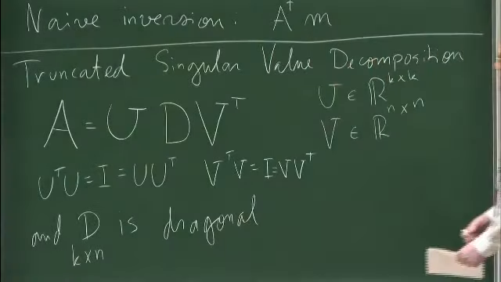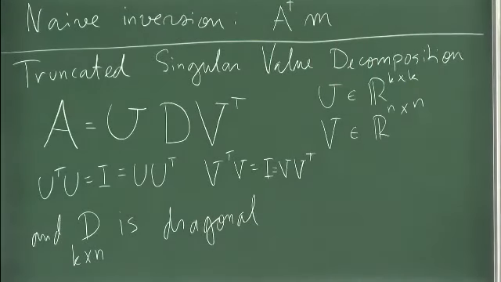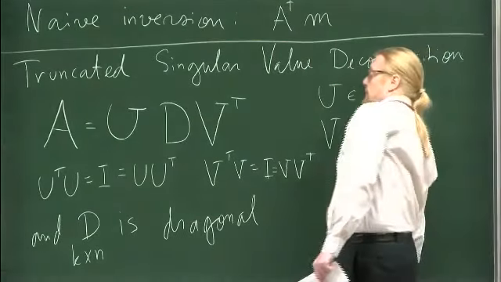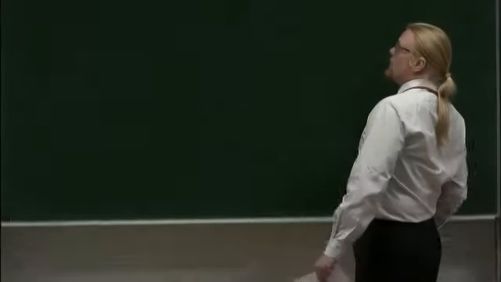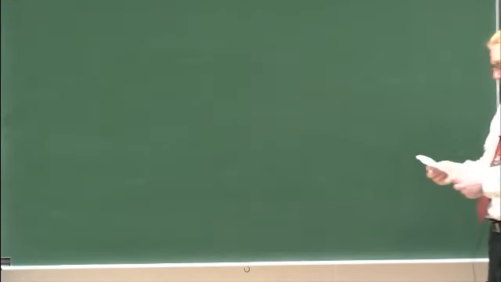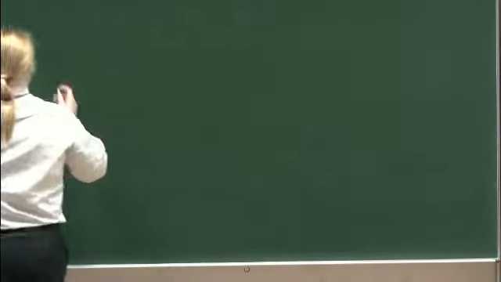Well, what does it mean for a matrix D to be diagonal if it is not square? Let me just point out the various possibilities here, because K and N might be equal, or one of them might be bigger than the other. So we have this kind of possibilities.